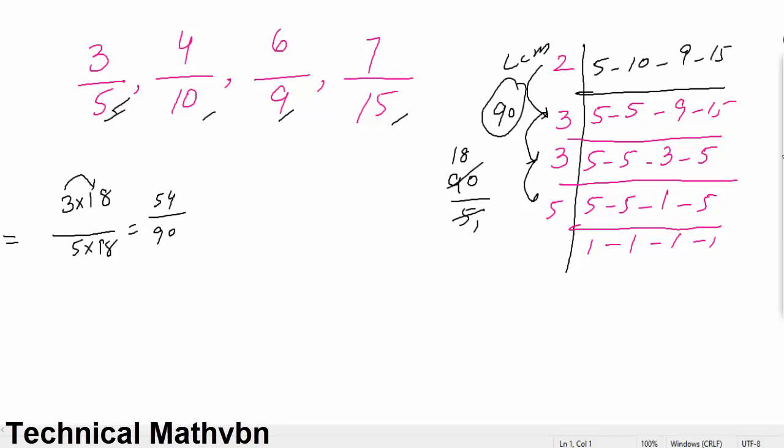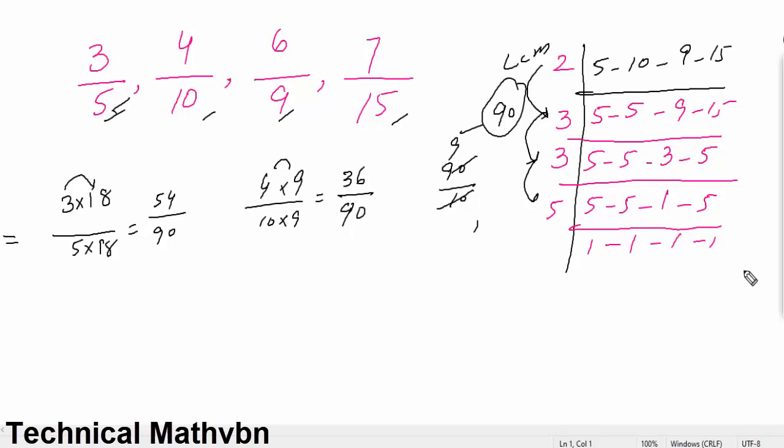Now take this 10, divide into 90: 10 nines are 90, so 4 by 10 multiplied by 9. 4 nines are 36 over 90, the second fraction.